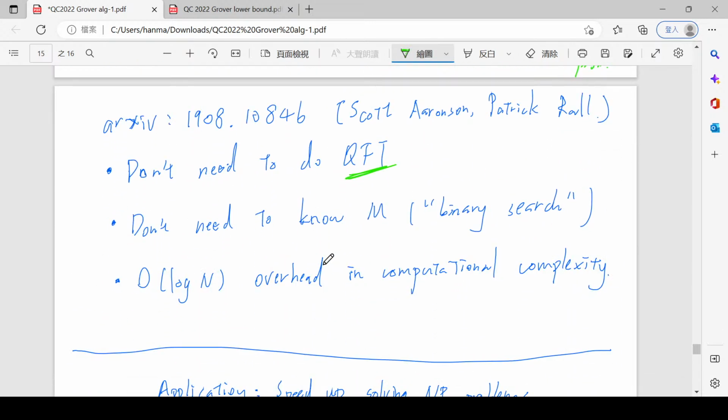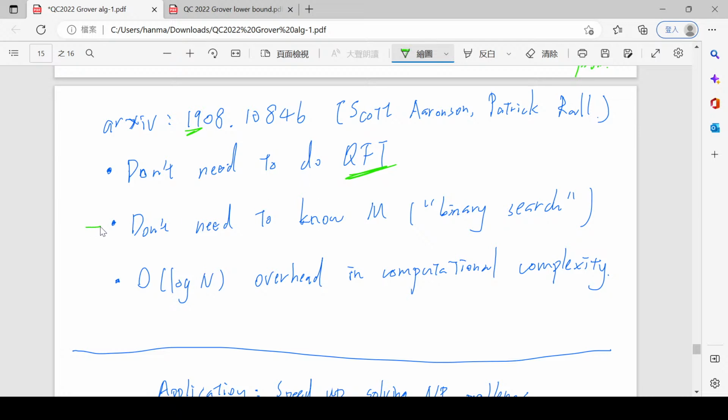Okay. So this is a quite recent result, in August 2019. So people came up with a somewhat simpler quantum counting algorithm. There are two settings.